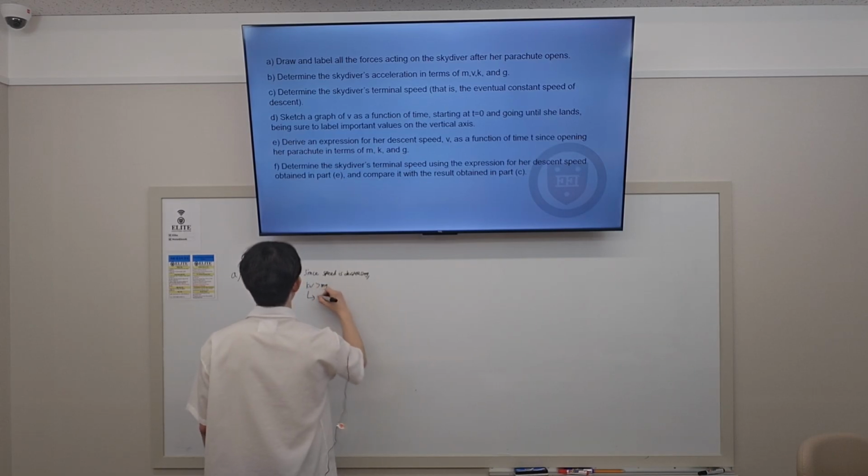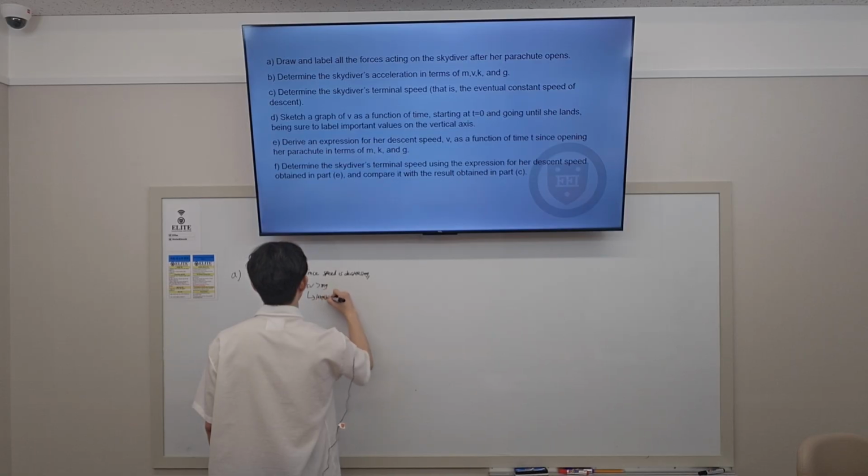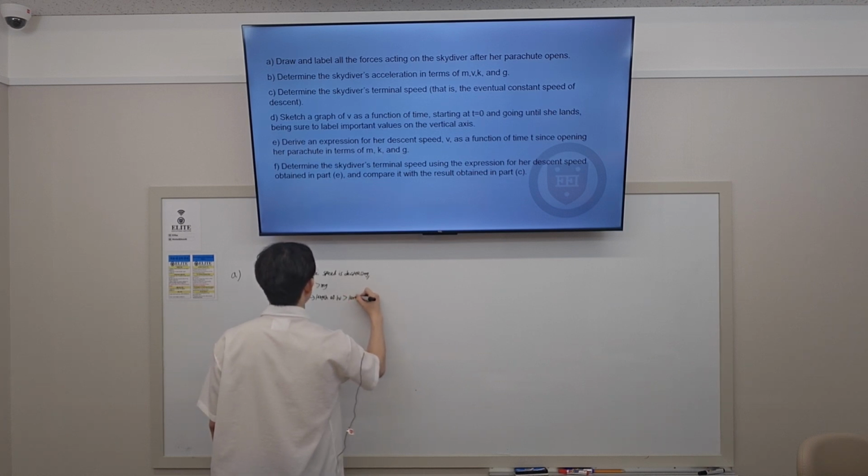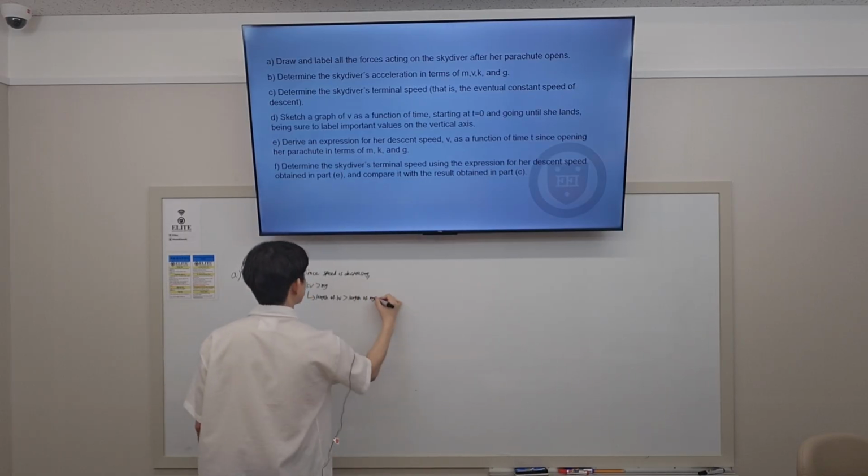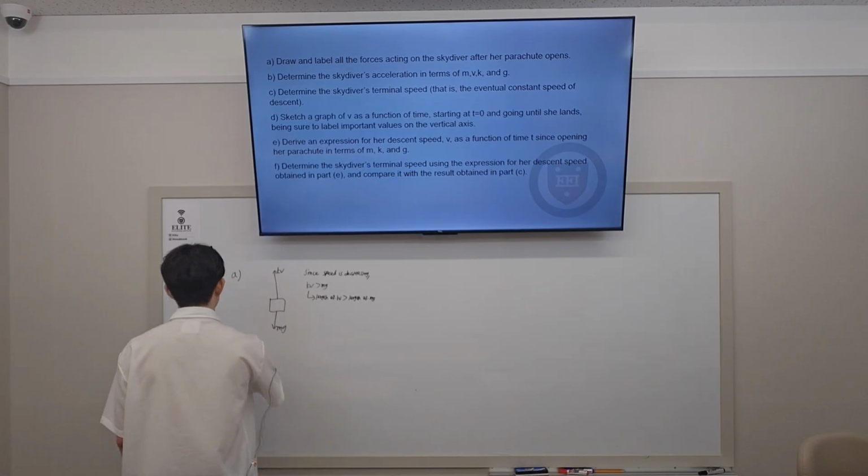This also means that the length of kV in the free body diagram must be longer than the length of mg. Okay, let me go on with B then.